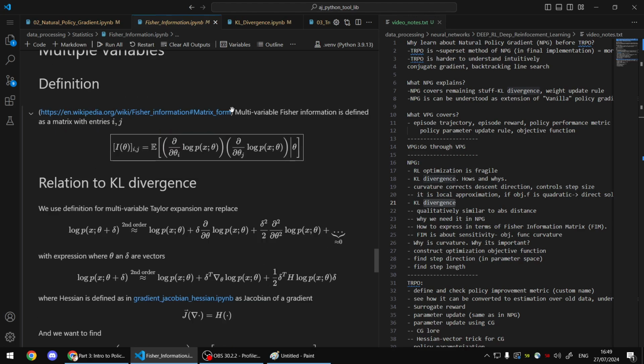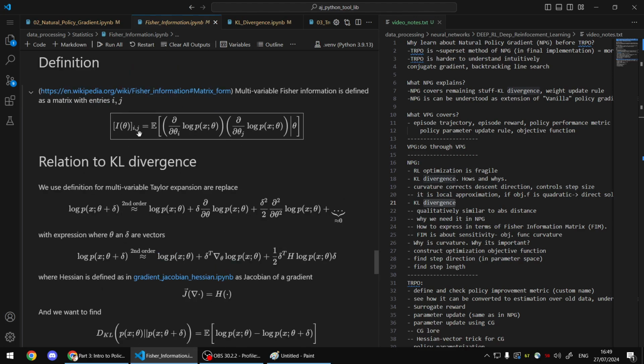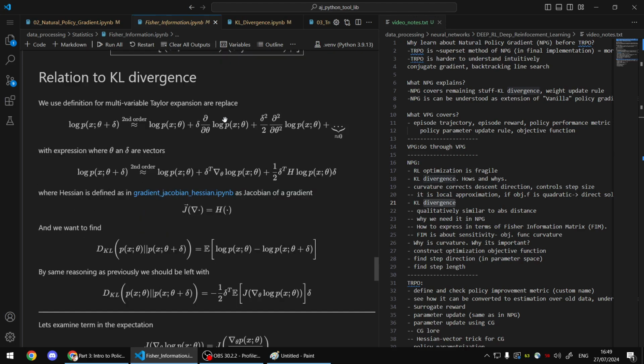If you take a look at the definition on Wikipedia, it is not simply the square of the same probabilities. If you have n parameters, it will be an n by n matrix, and the entries ij are just such. So basically, if n equals 1, it reduces to the previous case.